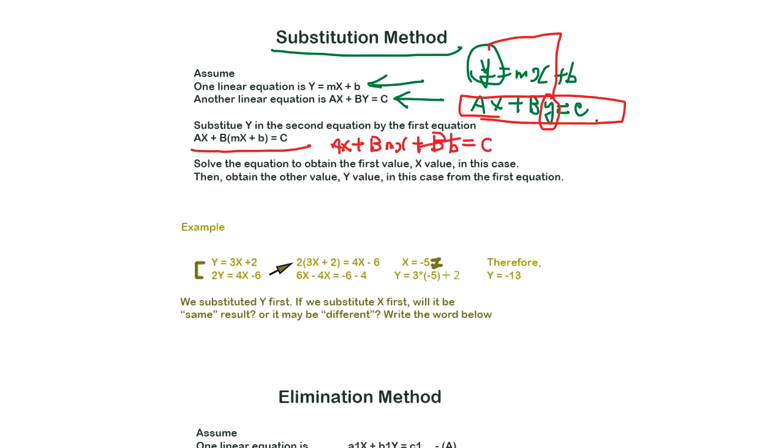Move this b times b here. Okay, by now I hope you are used to using those parameters. Here the m and small b are all parameters, right? Some numbers that are actually given.